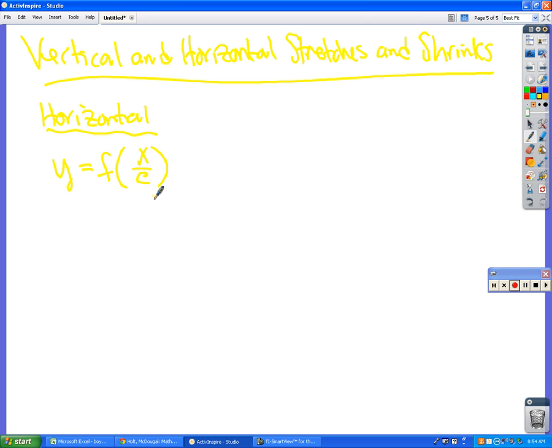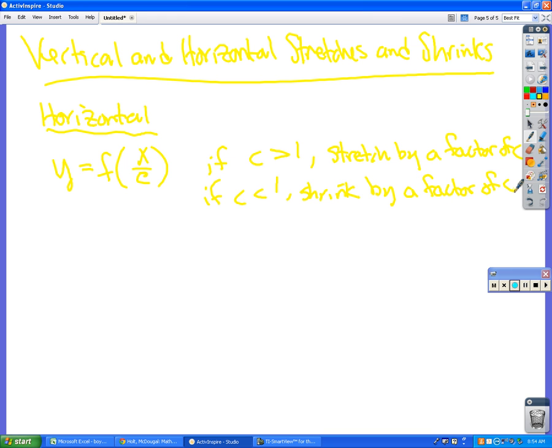If you divide by a number greater than 1, then this will stretch by a factor of c. If you divide by a number less than 1, then you will shrink by a factor of c.